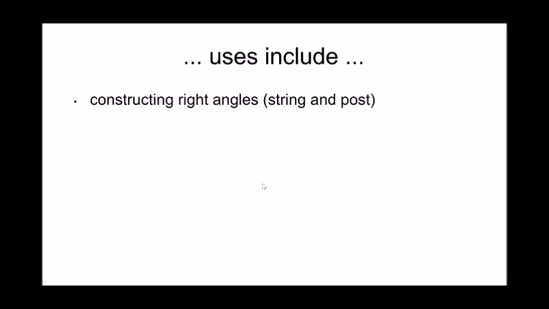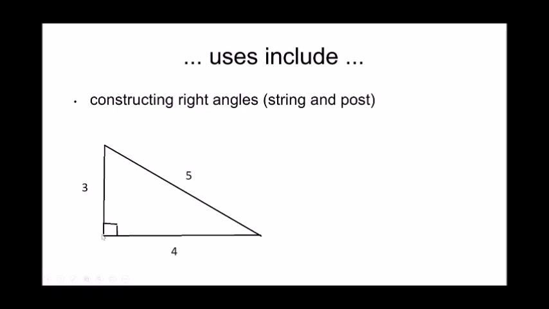If you take something like a string and post or rope and post, and you have three poles at the vertices of the triangle, and you have ropes of 3 meters, 4 meters, and 5 meters, and then you just stretch them out on the ground so there's no slack, you will end up with a 3, 4, 5 triangle, which will be a right-angled triangle. And you know that because 3 squared plus 4 squared equals 5 squared. 3 squared is 9, 4 squared is 16, and if you add them up, you get 5 squared, that is 25. So historically, that was one of the things that Pythagoras' theorem might have been used for.